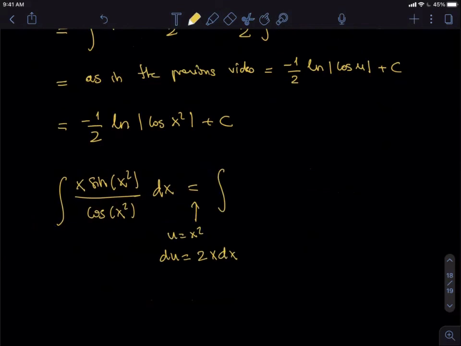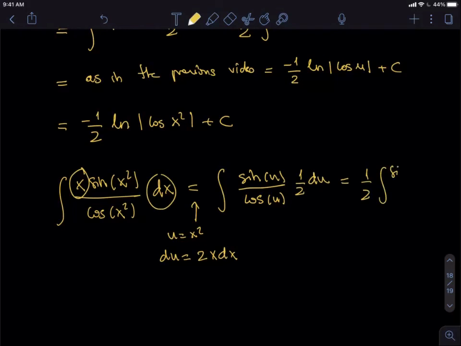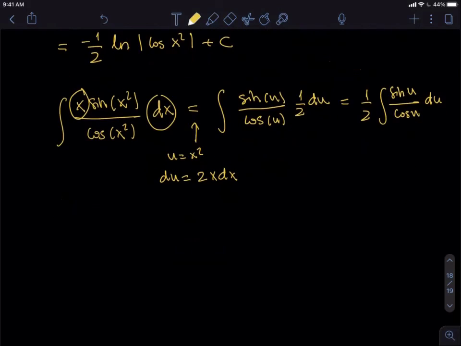So this is the integral of sine of u divided by cosine of u, and then the x and the dx here are 1/2 of the du. So this is 1/2 of the integral of the sine of u divided by cosine of u du.